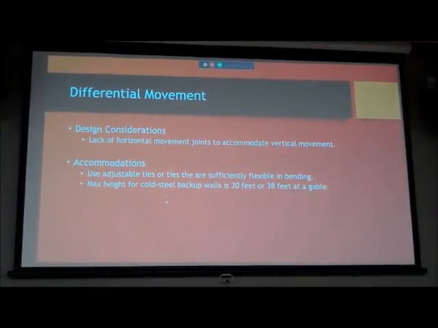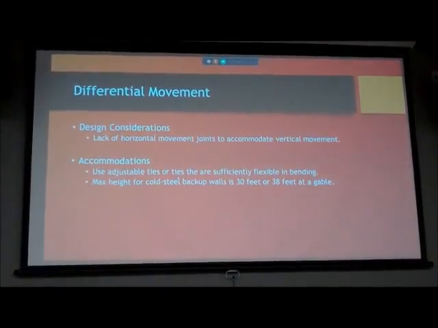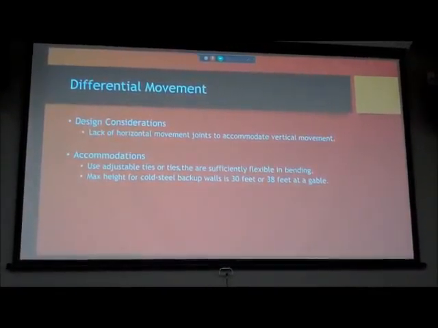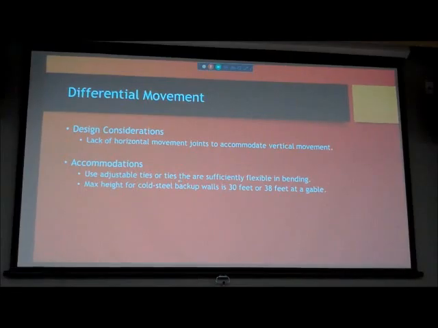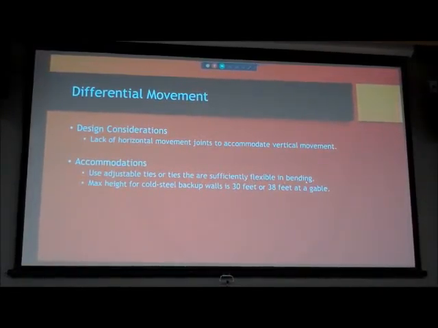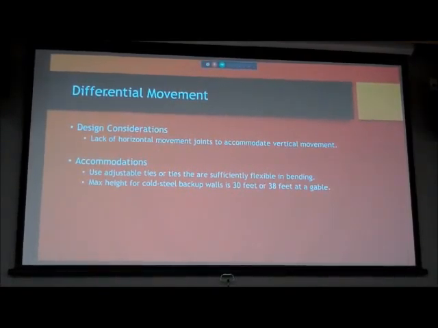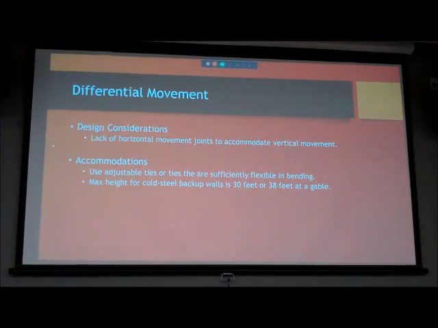You can also adjust the ties. The bigger the tie, the less flexible it is. So if you make them a smaller size, it makes them more flexible, and then you can accommodate for the differential movement.